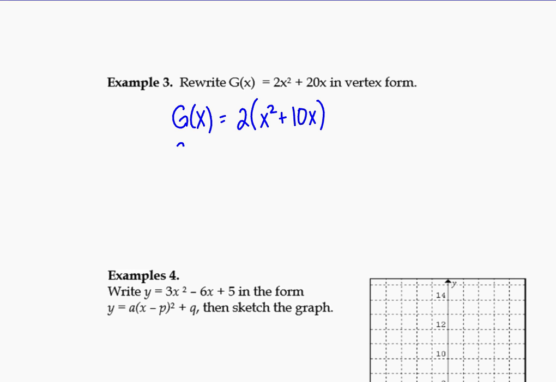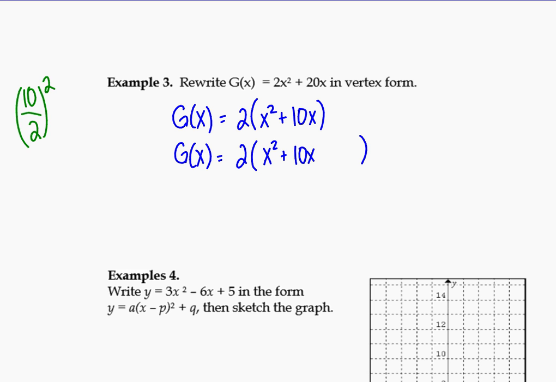All right, figure out the c value to make this a perfect square. Same as yesterday. Take 10, divide by 2, and square it.